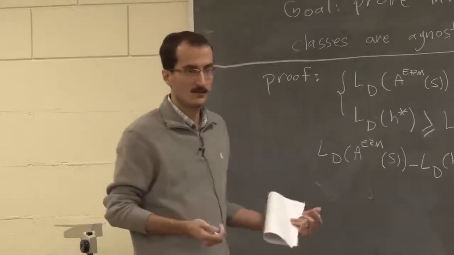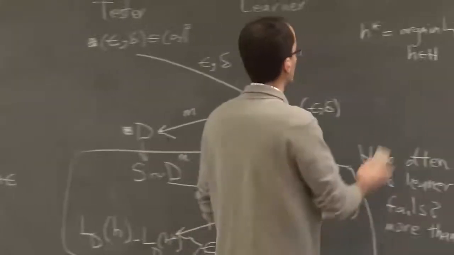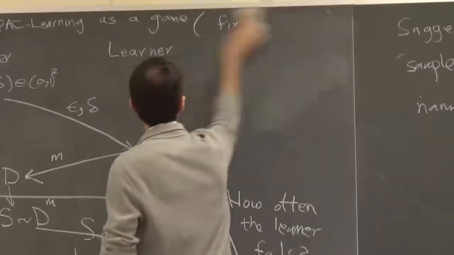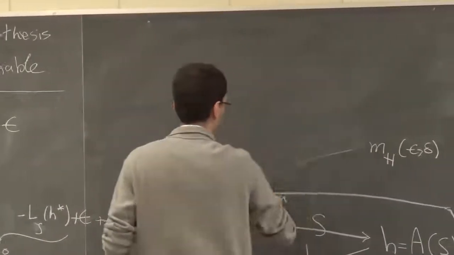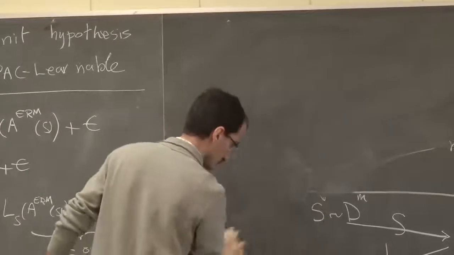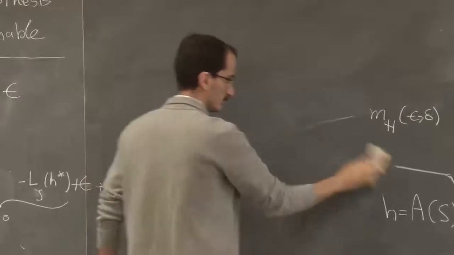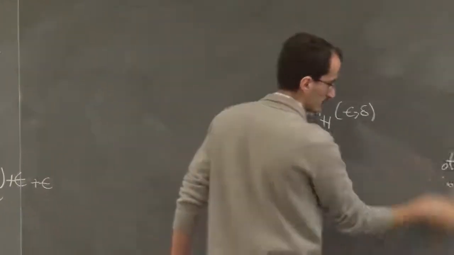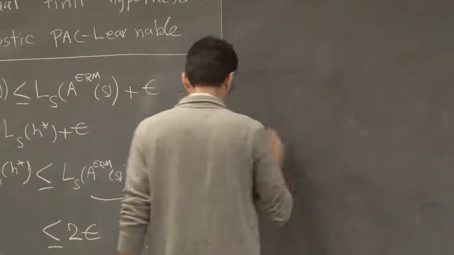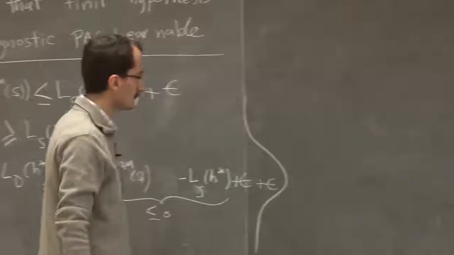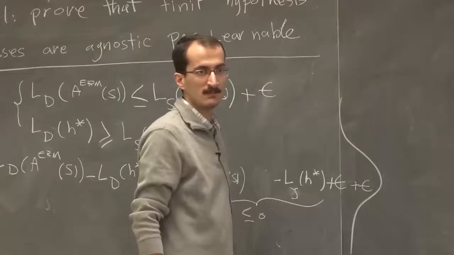But how can we formalize that? That's where the definition of uniform convergence comes in.